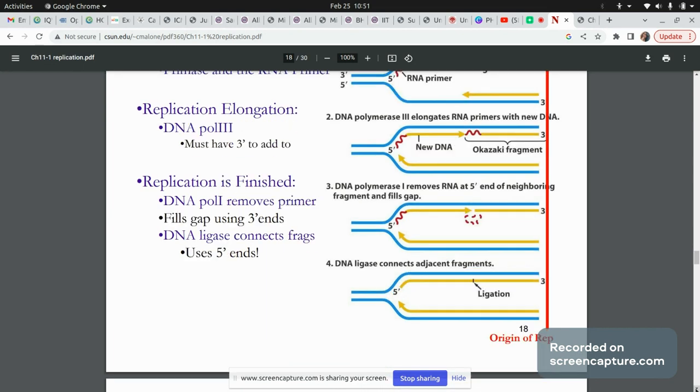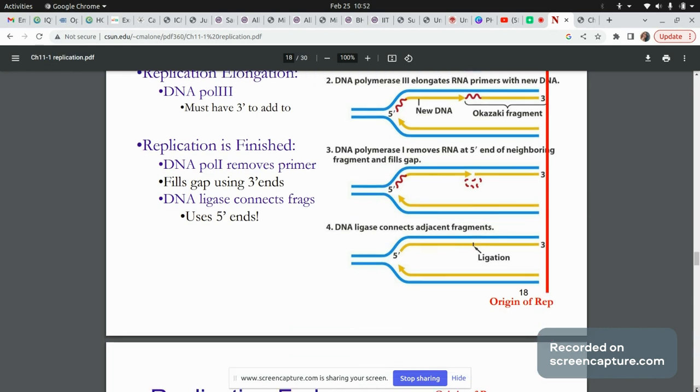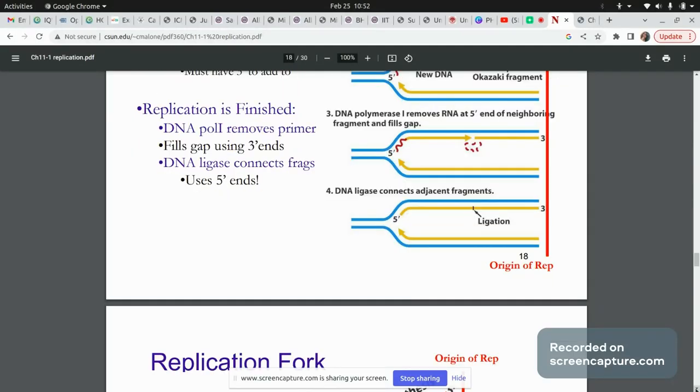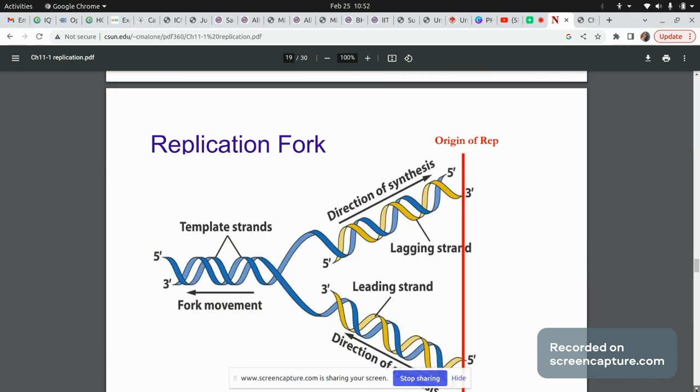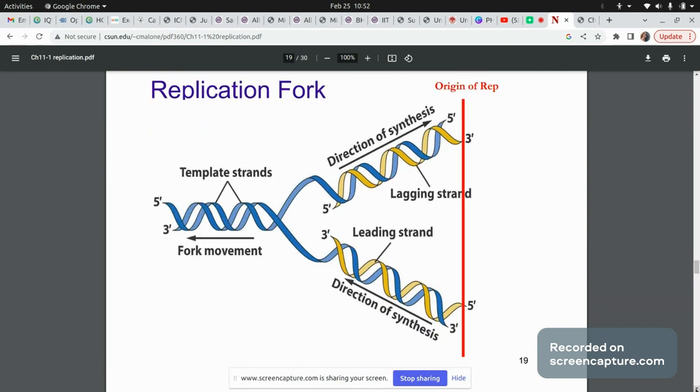In replication elongation, DNA polymerase III must have a 3' end to add to. When replication is finished, DNA polymerase I removes the primers and fills the gap using 3' ends. DNA ligase connects fragments using the 5' end. Replication fork. This figure represents the replication fork.